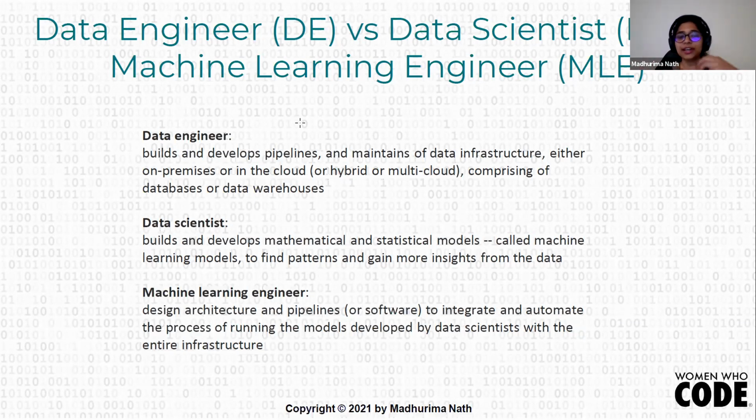I will show an example of what I mean, but the major task of a machine learning engineer is to build the pipeline or software to automate the running of the process, so that a person like me doesn't have to be present every time a forecast has to be done, or some new pattern has to be found. That is the task of the machine learning engineer.